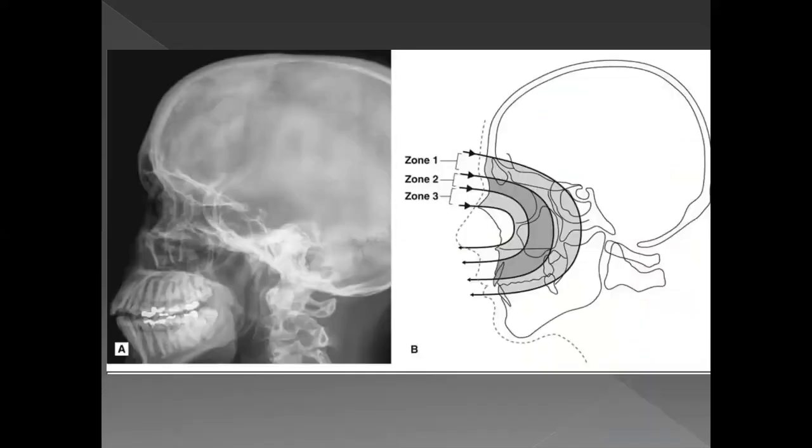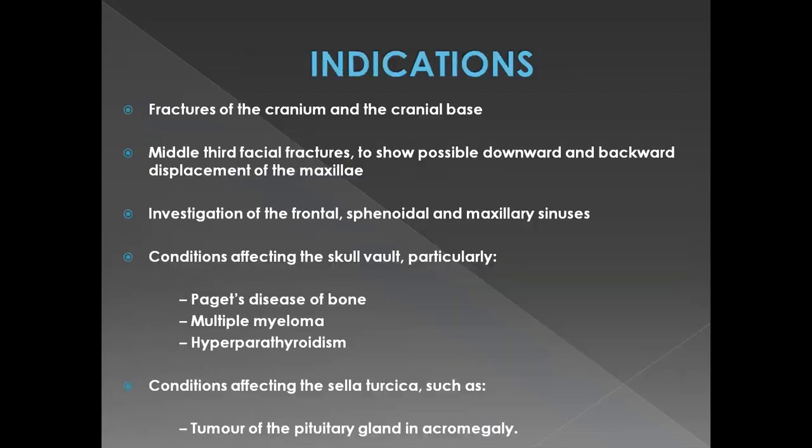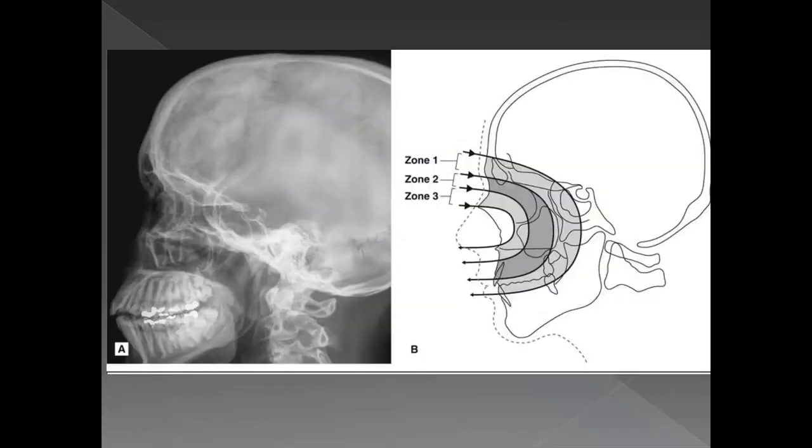Lateral skull. Here we have one over here which looks like a lateral ceph. Hang on, is this clear? I think this one is more clear. Yeah, this is the true lateral skull. Like I said, it's basically a non-standardized lateral ceph.